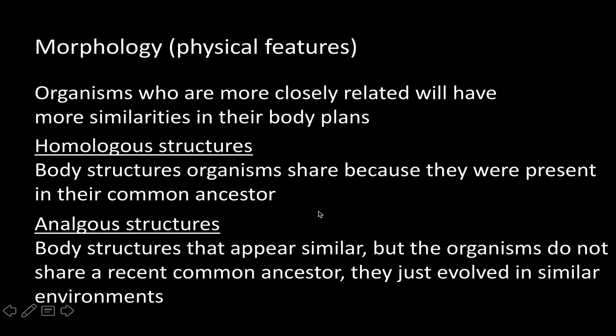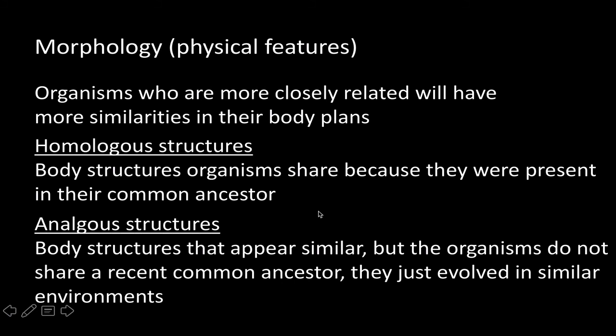Now, the reason why using morphology to create a cladogram is kind of like the old way of doing it is because of analogous structures. Now, analogous structures, remember, are structures that appear to be similar to each other, and it may insinuate that two species are actually closely related and shared a common ancestor, when in fact they don't.